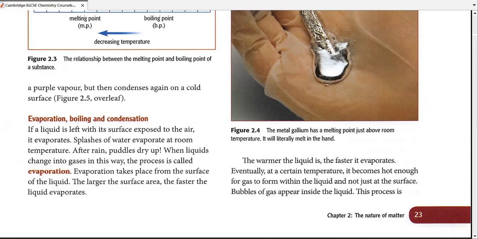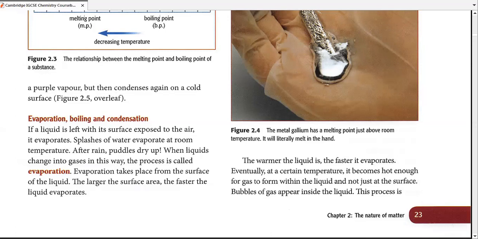Not just that, we studied other factors that affect the rate of evaporation, such as airspeed, humidity, or the nature of the liquid, or the force between the molecules by which the liquid is held together. If those forces are stronger, the liquid would evaporate slower, and if they are weaker, the liquid would evaporate faster. We haven't studied those forces in detail. However, we will do that a little later in the same chapter.